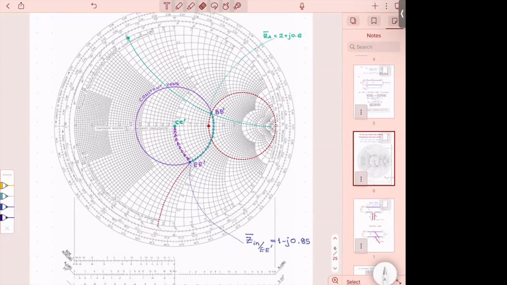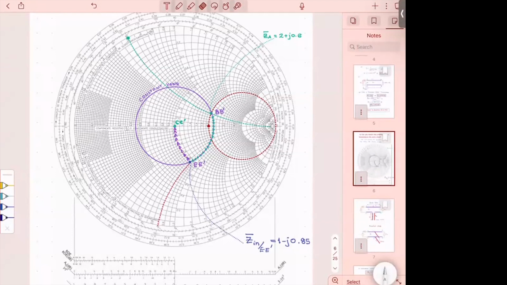So if I go from B prime to this point, it means that I'm adding something at B prime, and what I'm adding is reactive, which changes my reactance from 0.6 to minus 0.6. To change the reactance of the load from 0.6 to minus 0.6, I'm adding a reactive element. So moving along the red circle shows that I'm adding a reactive element.